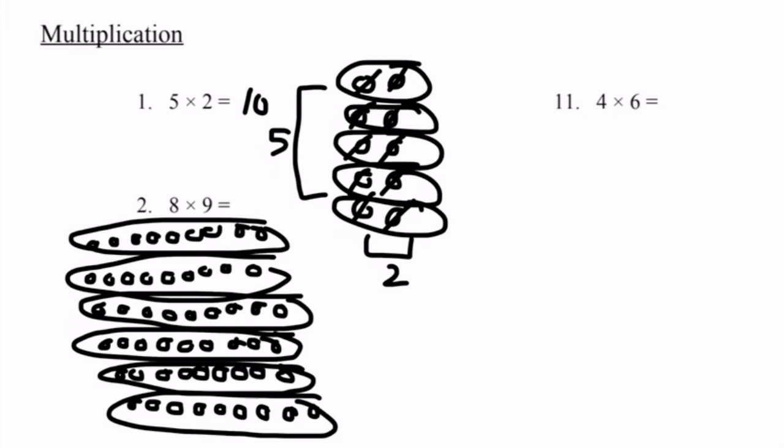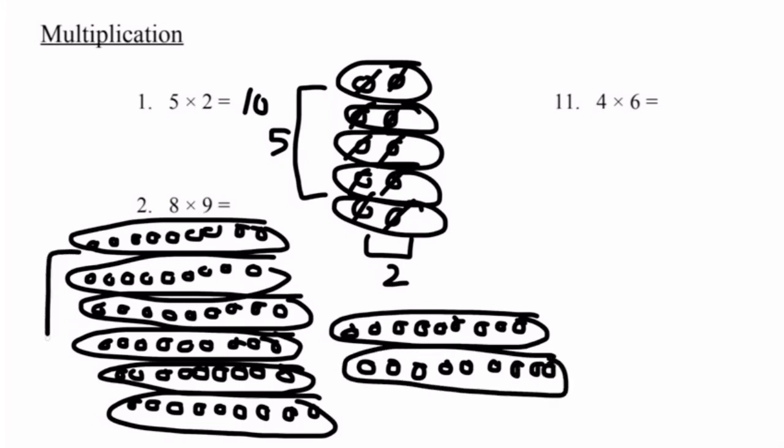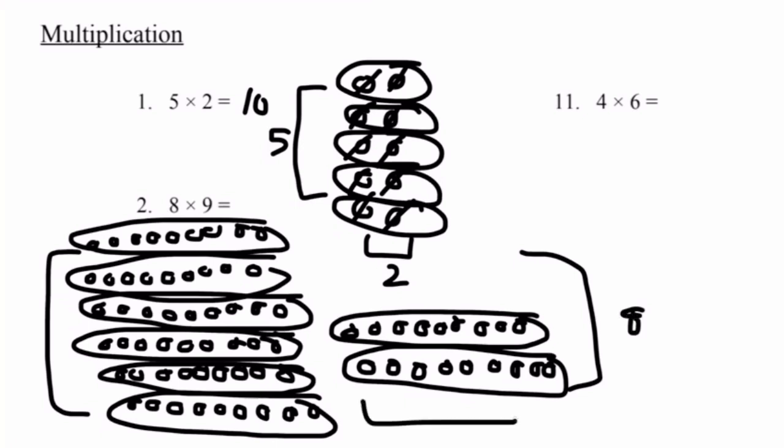Sixth group. Seventh group, and our last group, our eighth group. In total, we have 8 groups of 9 circles.